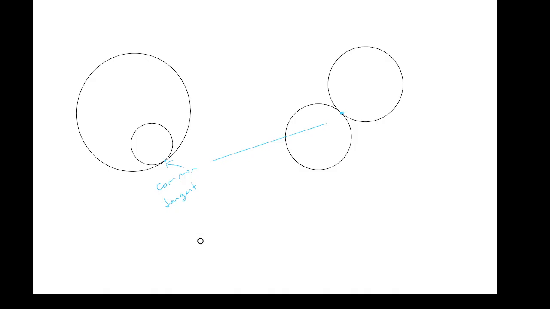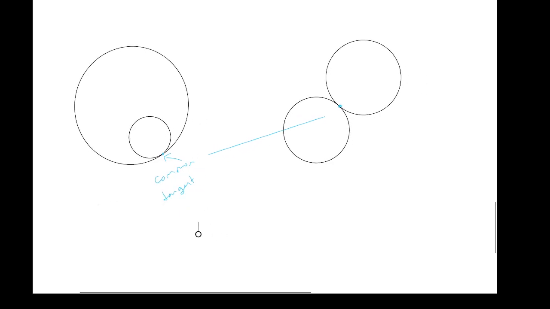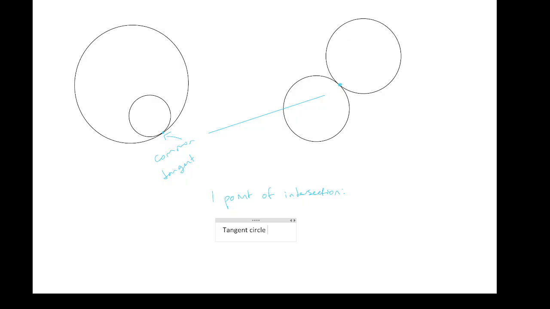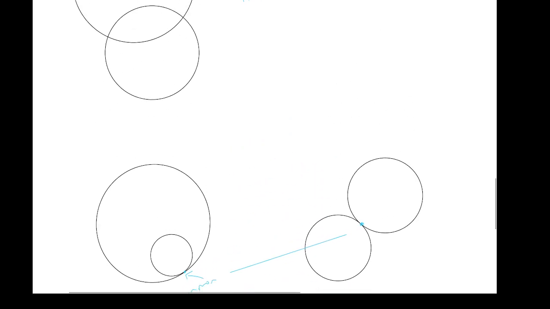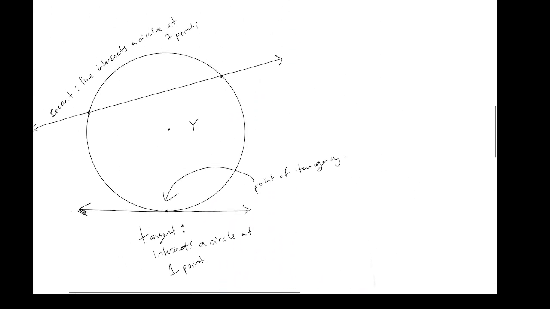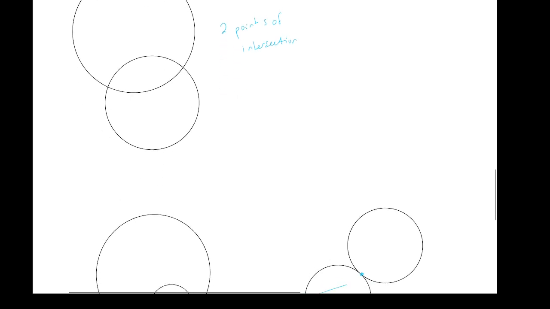This would be 1 point of intersection. And these are what are called tangent circles. Circles that have this tangency, that they're going to have just that singular point of intersection.